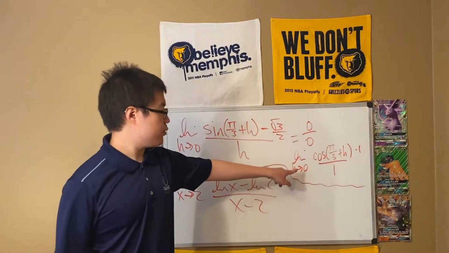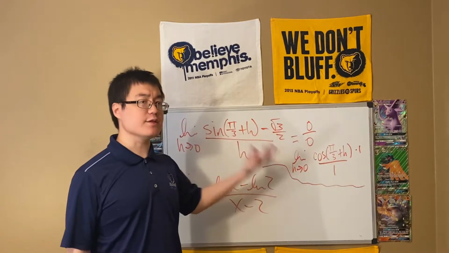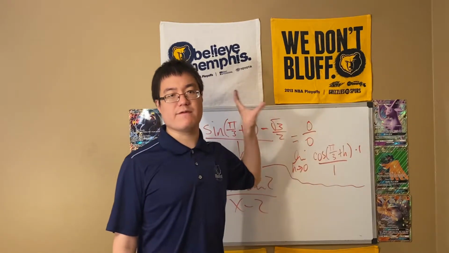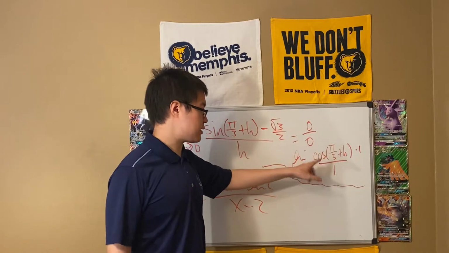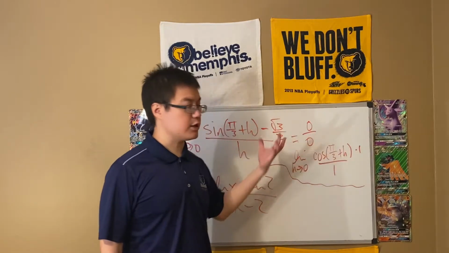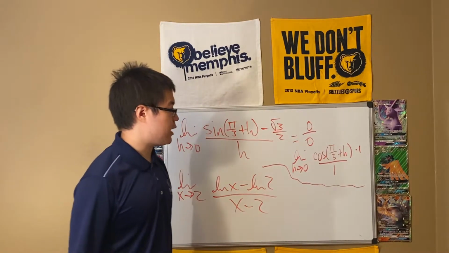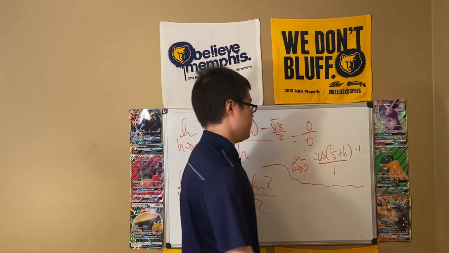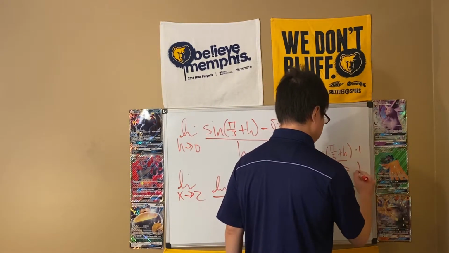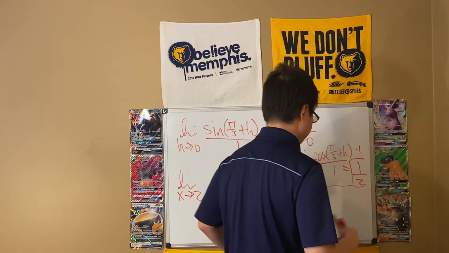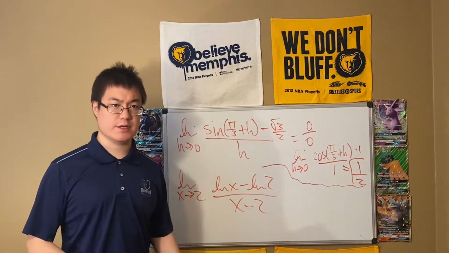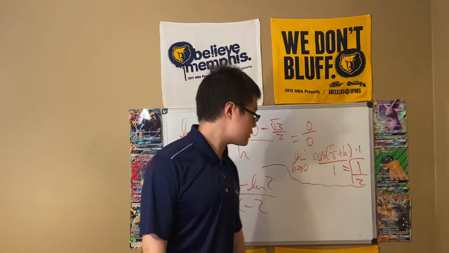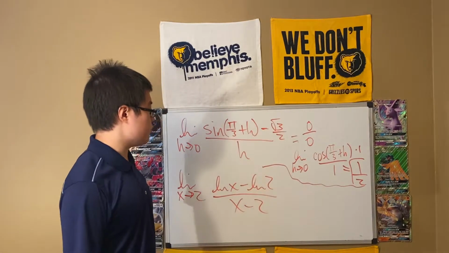Then we're going to plug in 0, because again, we're not done yet. We have an easier limit, but we still have to evaluate it. When we plug in 0, you'll get cosine of pi over 3. Cosine of pi over 3, if you know your unit circle, is 1/2. So this is 1/2, the same answer we would have gotten if we did the definition of the derivative, because math works, of course. But notice the process isn't too bad.